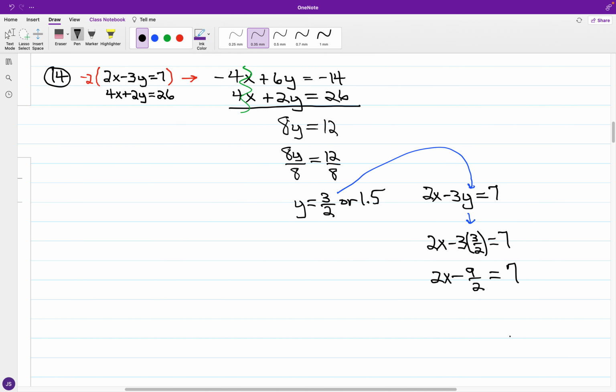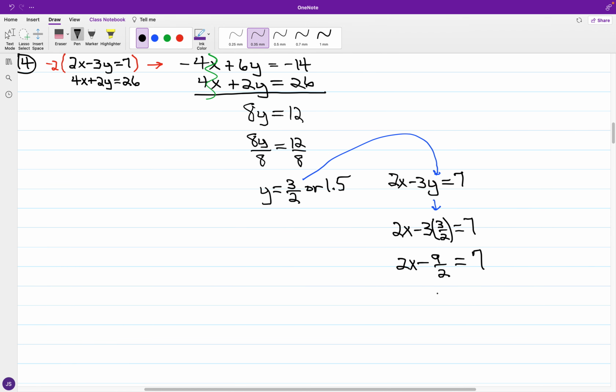Now 7 is going to be 14/2. Upon isolating 2x, 14/2 plus 9/2 is going to be 23/2.